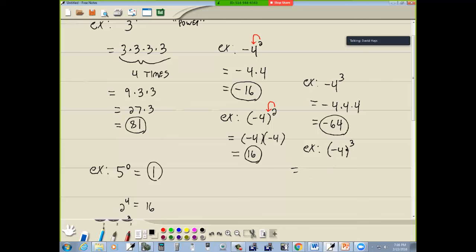If you got it inside of parentheses, what's to its immediate left is a parentheses, so you rewrite this as -4 times -4 times -4. Then -4 times -4 gives us a +16, and that carries down. And then a positive times a negative is negative, and 16 times 4 gives us 64. So it's only really when it's an even where you see different answers for those. Okay, thank you.